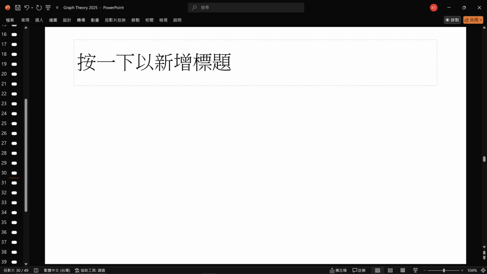So we first try to locate the vertices that correspond to these degrees. And after we find this set of vertices, we just add edges between these vertices and this one. And that's it.